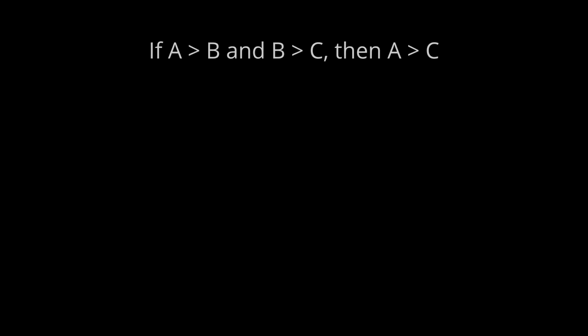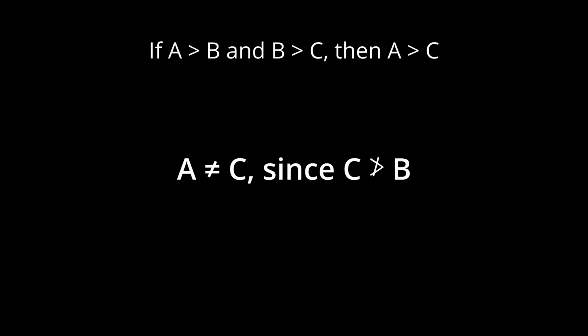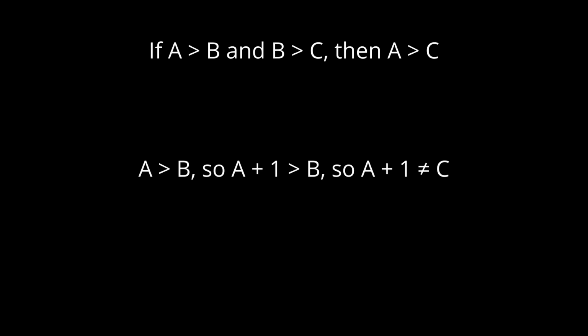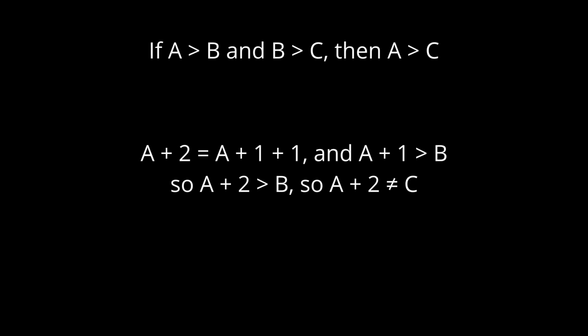Anyway, getting back to, I guess, the third statement, if A is more than B, and B is more than C, well, I know that A can't be equal to C, I know C is less than B, and A is more than B, and C can't be both more than B and less than B. If A were less than C, then that would mean the number after A either is C or is another number less than C. The number after A is itself after a number more than B, so it has to also be more than B, and so can't be C. But that also applies to the number after that number, and the number after that number, and so on.